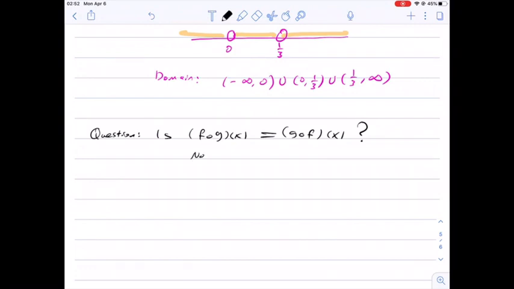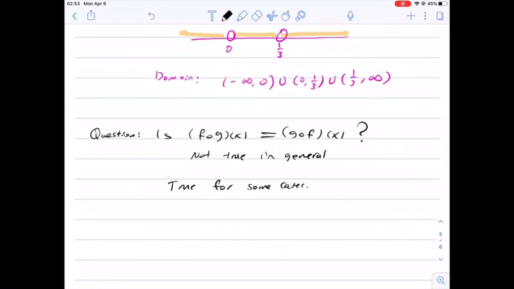So not true in general. What does that mean? Not true in general, that means there are some cases where this is true. True for some cases.